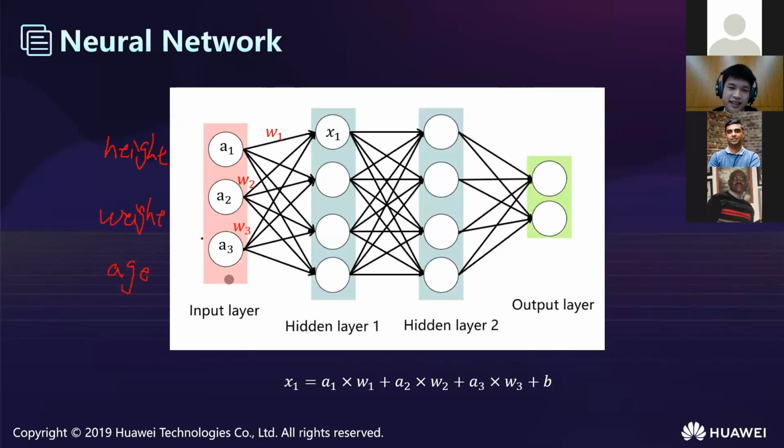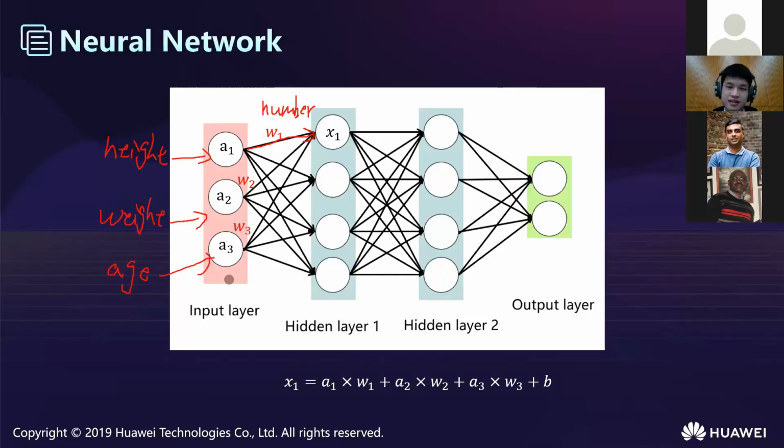So each neuron in the input layer means one feature in the data sets. For example, that is the height, weight, and that is age. And here, the line between one neuron and another neuron is a weight. Of course, it's also a number. So each line means one number.